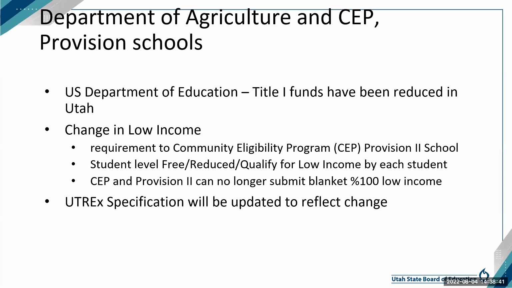However, what we've run into, and so this is a change, is Utah has had a drastic reduction in the Title I funds that were received in the state of Utah. There's multiple reasons behind this. One of them being that Utah is one of the most well-performing economic states in the nation.